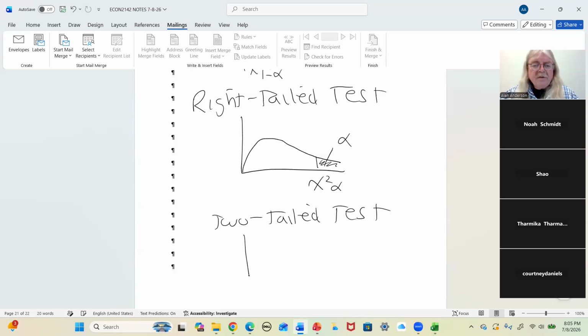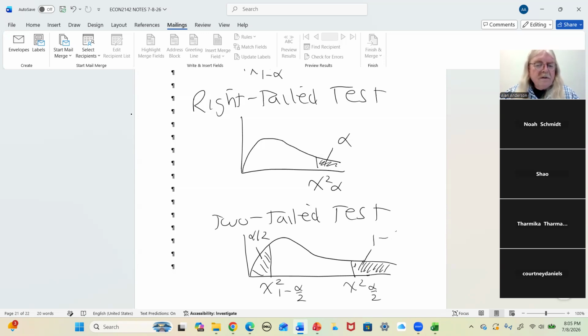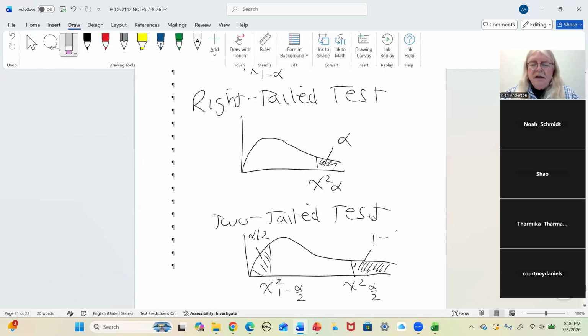We just don't have symmetry to take advantage of. Oh no, that's right. These both have the shaded region is still alpha over 2. That hasn't changed.